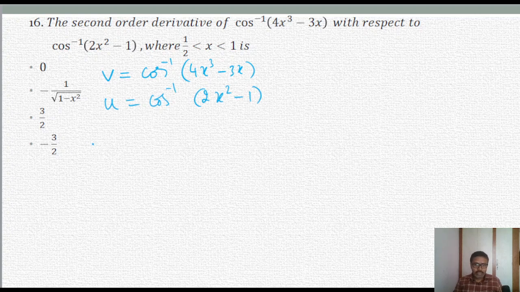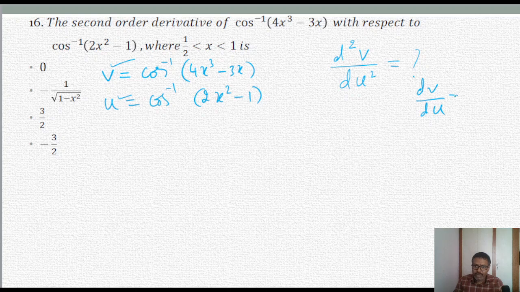Now they are asking to differentiate v with respect to u, the double differentiation d square v by du square. Got it? To find this, first we need to find dv by du. Can you differentiate one function with respect to the other? Yes, by the parametric form method.